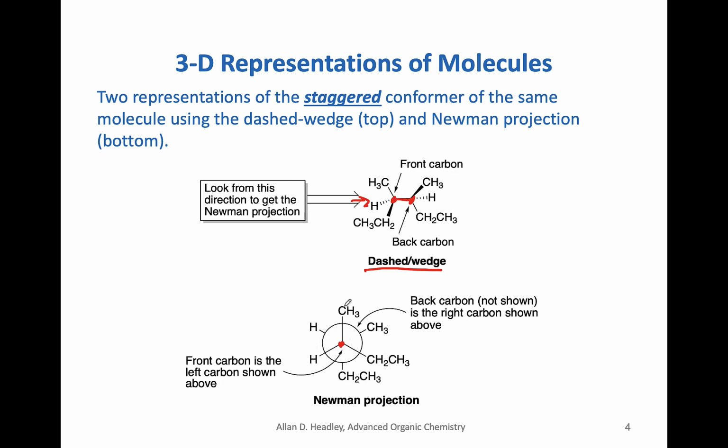And on the back carbon, which you cannot see, it has a methyl, a hydrogen, and an ethyl. And here they are on the back carbon. So this is the Newman projection by looking directly down a carbon-carbon bond.